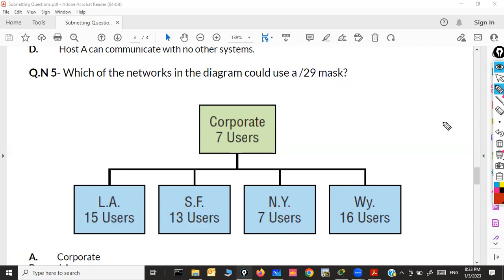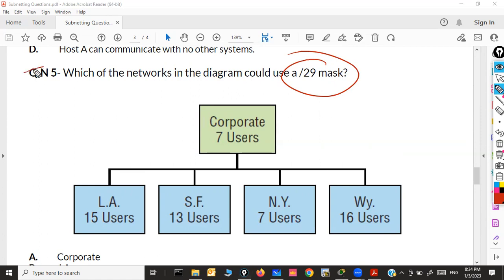Are we looking for usable IP addresses or just IP addresses? Usable IPs always, and let me mention another important point here.